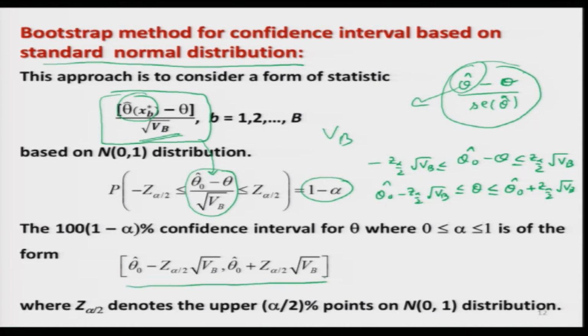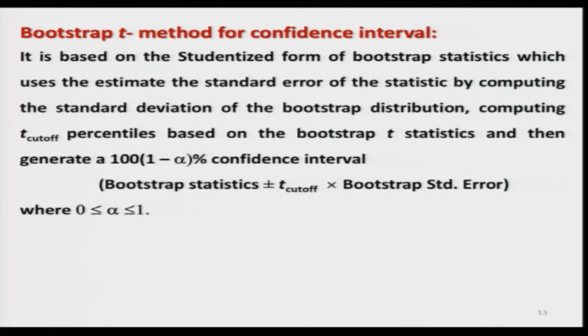You can see that in this method you are assuming that the distribution is normal, and that is why you are using the cutoff values z alpha by 2. But now the second approach is, suppose I do not know that, and I can use the concept of the t distribution and do the same thing with it.